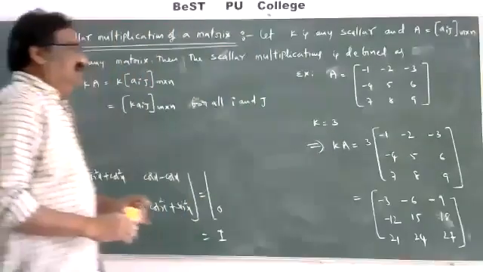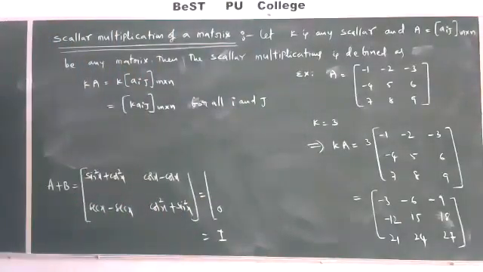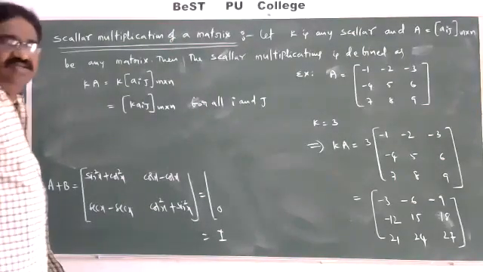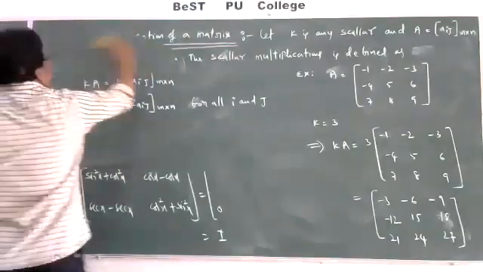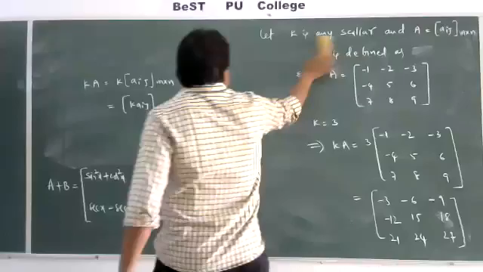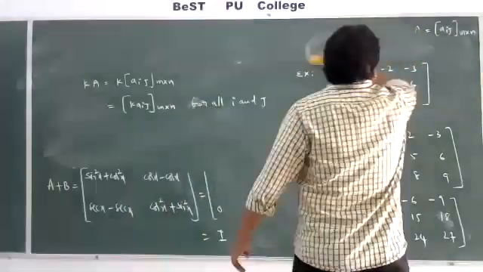This is the scalar multiplication of a matrix. When any scalar is multiplied with a matrix, all the elements of the matrix are multiplied by the scalar. That is called scalar multiplication of a matrix, with example.